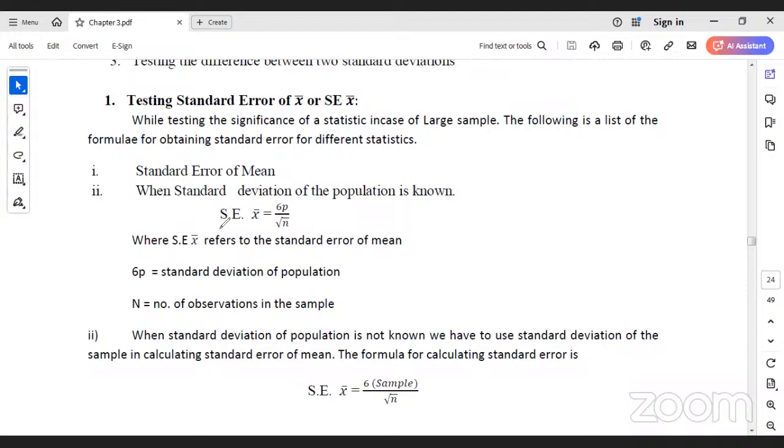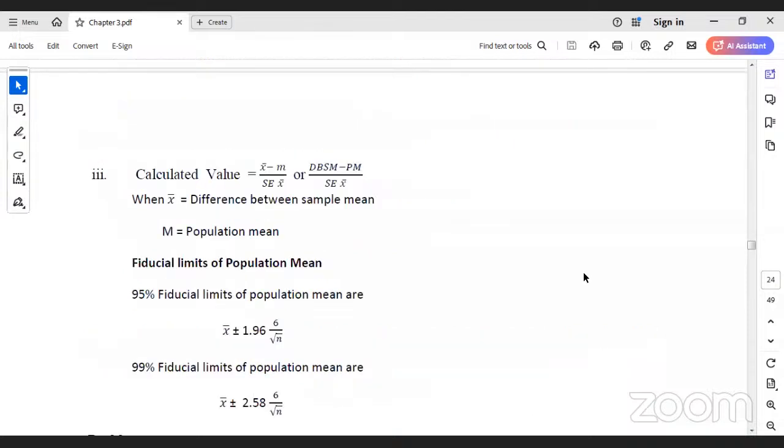The calculated value is equal to X bar minus M divided by standard error of X bar, where X bar is the sample mean and M is the population mean.